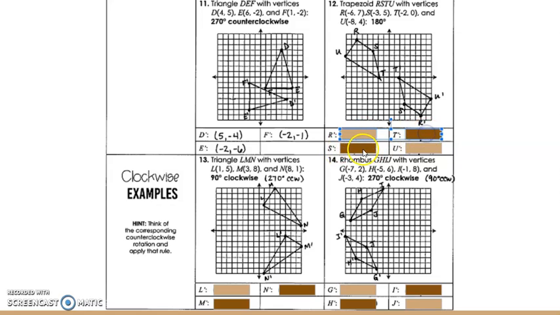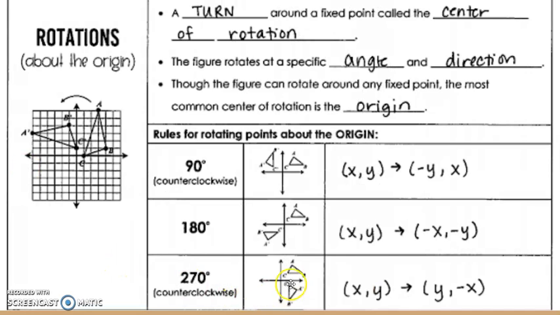But I do want to talk very quickly about those clockwise examples. So if we have a clockwise example, we want to figure out what that would be with our original counterclockwise example. If I do a 90-degree clockwise rotation from my pre-image to my image, ending up in the 4th quadrant, that is the same thing as if I were to do a 270-degree counterclockwise rotation.